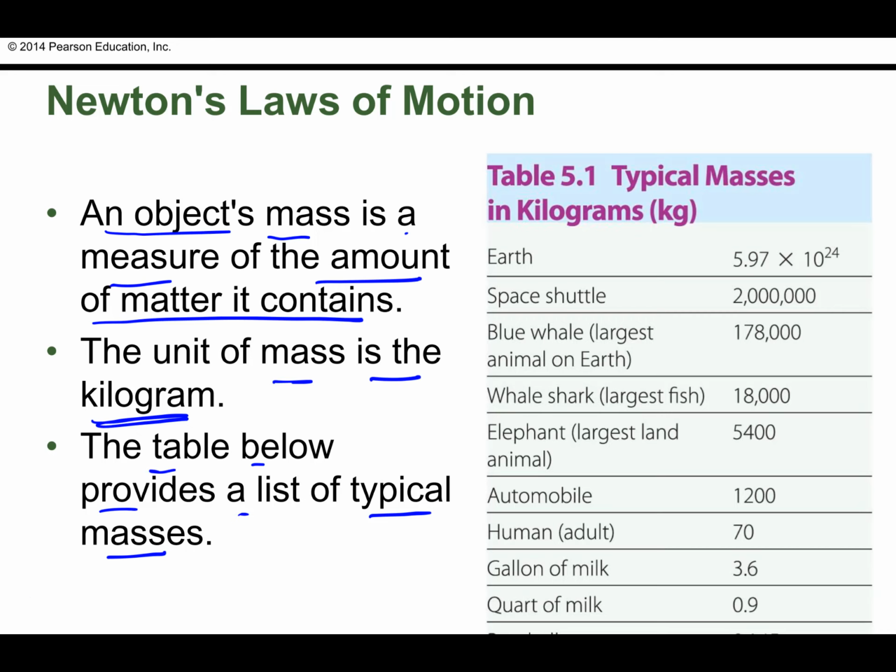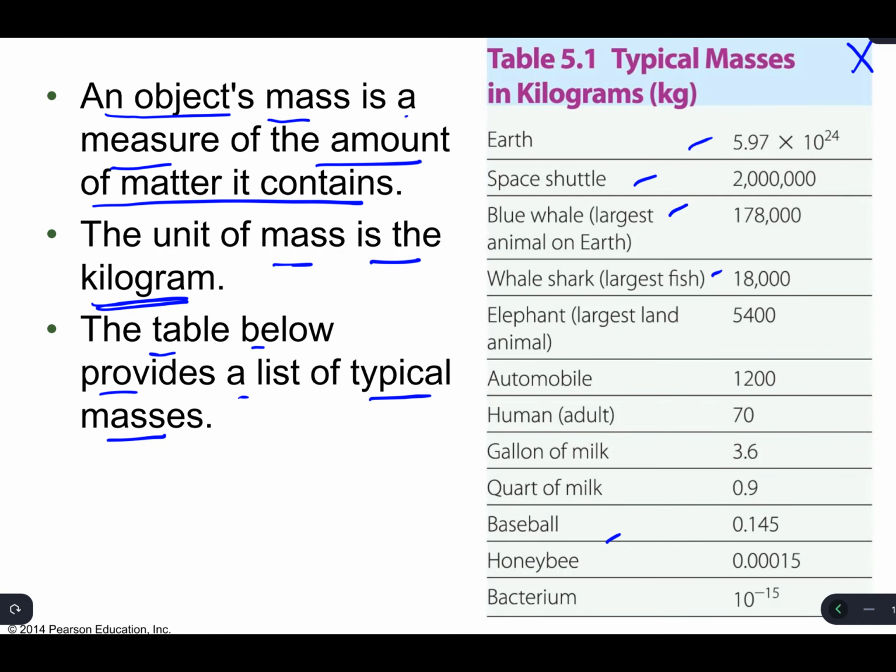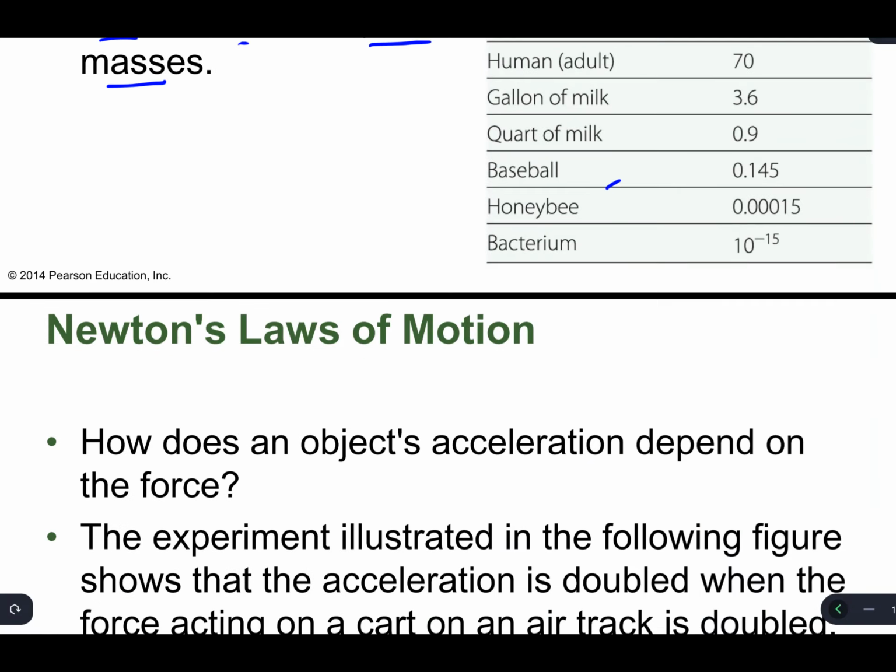Not for memorizing, guys. It gives you the mass of Earth, space shuttle, blue whale, whale shark, and so on. Okay, guys? Baseball. The mass is measured in kilograms. This is the SI unit for measuring mass.